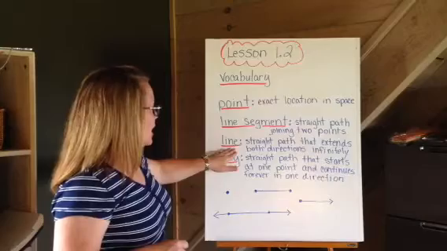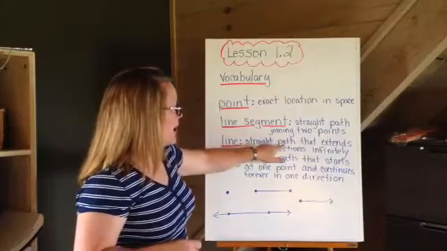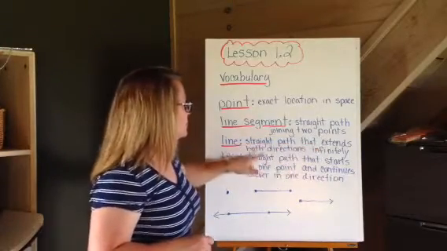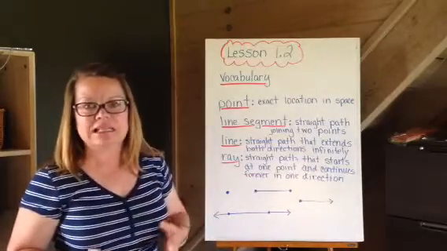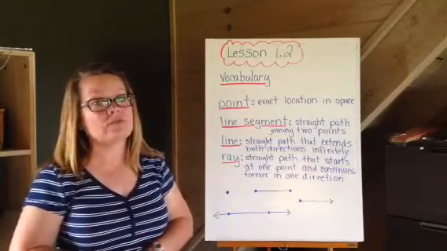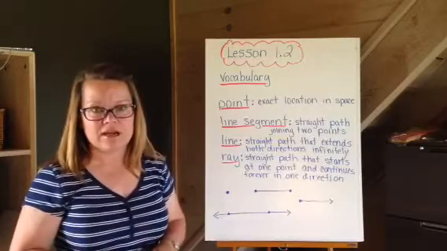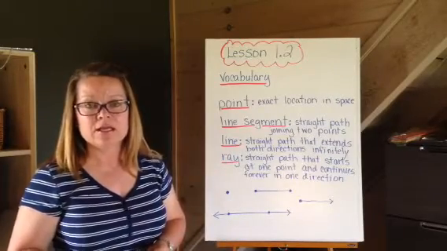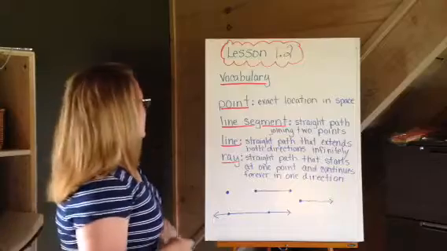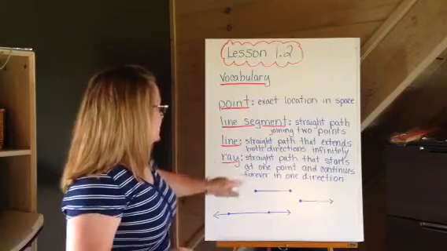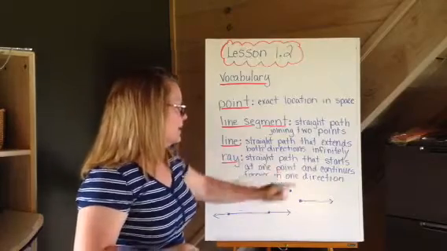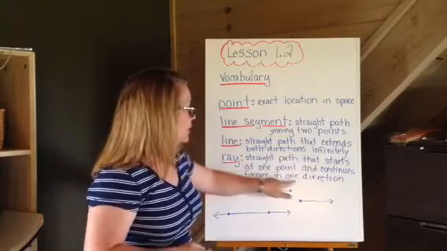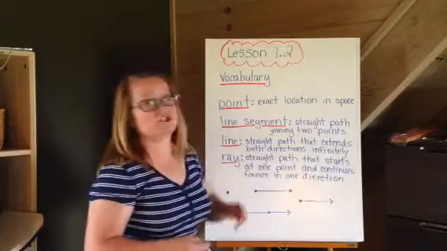Then we have line, which is a straight path that extends both directions infinitely, and infinitely means that it goes on forever and ever and it never stops, in both directions. Then we have ray, a straight path that starts at one point and continues forever in one direction.